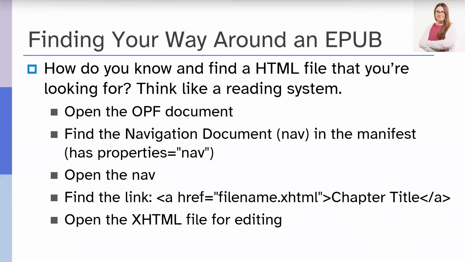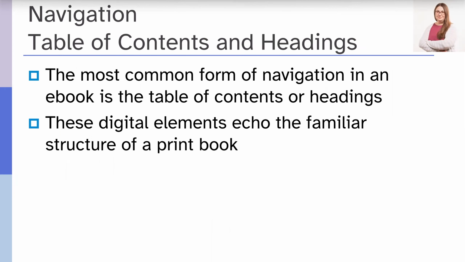If you're a user, and you're trying to navigate around an ebook, the most common forms of navigation are the table of contents and the headings. So we use the table of contents as an echo of the print book experience that we're all familiar with.